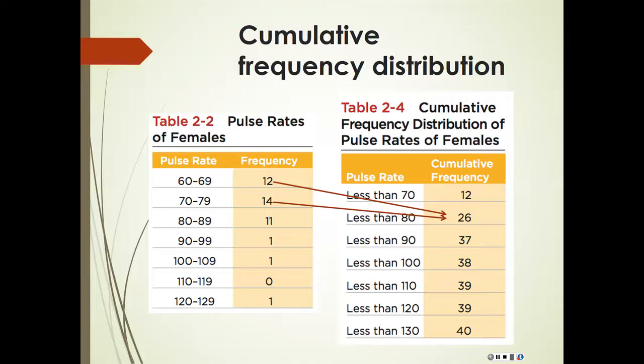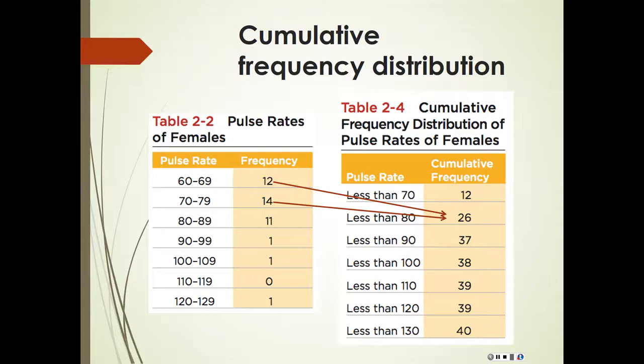So I would add those two together. 12 plus 14 is 26. If I move into the next category, everybody that is in these first three categories together has a pulse rate that's less than 90. That's the 12 in category 1, the 14 in category 2, and the 11 in category 3. So I add the 26 I already have here, I need to add 11 more and get 37.